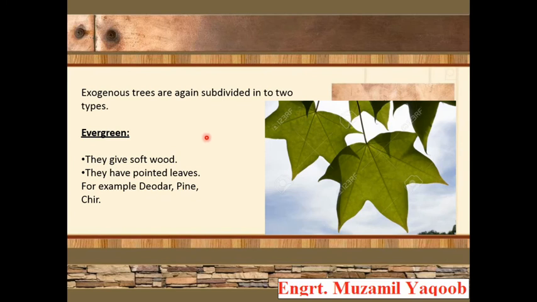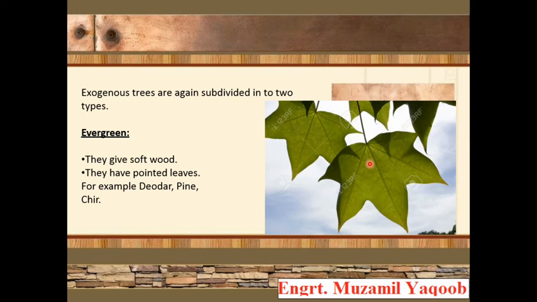Let's discuss the two subcategories of exogenous trees. The first one is known as the evergreen category. The trees in this category generally give softwood, and they have pointed leaves. What is meant by pointed leaves? Over here in this picture you can see this type of leaf, known as a pointed leaf, a leaf with many points.